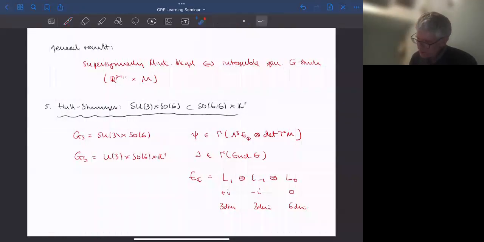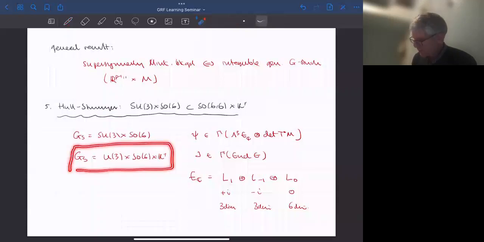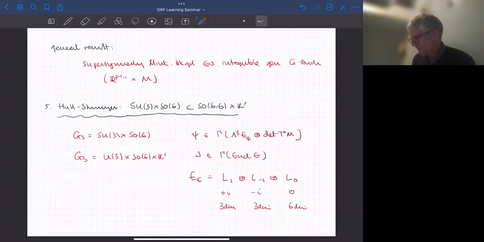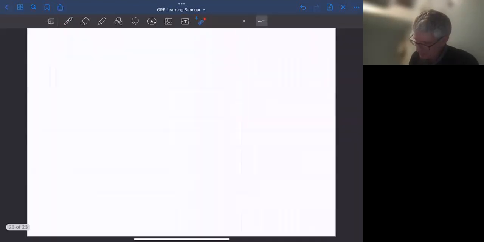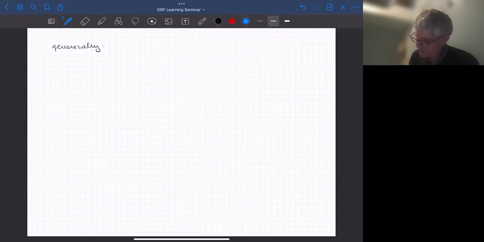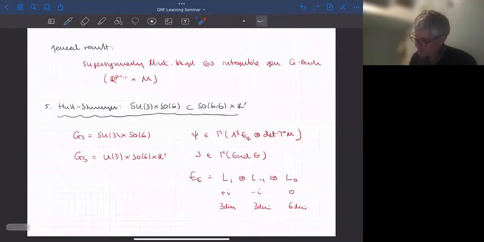So this structure is a bit like a generalized complex structure, but instead of having just plus and minus eigenvalues, it's now got 3 eigenvalues, plus i, minus i, and 0. So one can write general elements here. You can similarly define this structure by how you pick out this space, or equivalently this space.